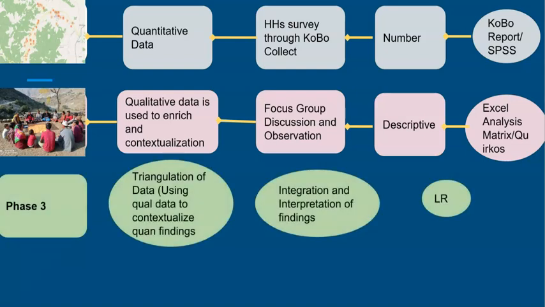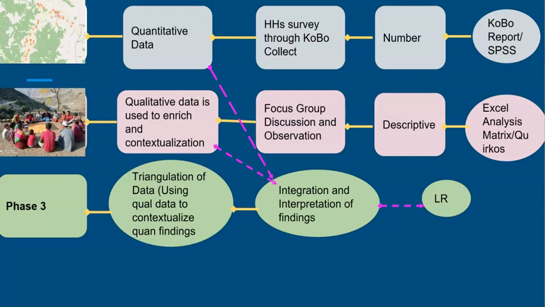Then the third part of this sequential explanatory research design is triangulating quantitative and qualitative data, contextualizing it, giving it meaning. Let's see this arrow as well. This part is very important.